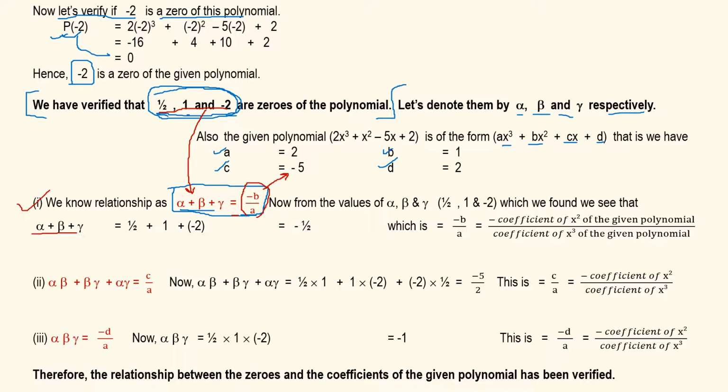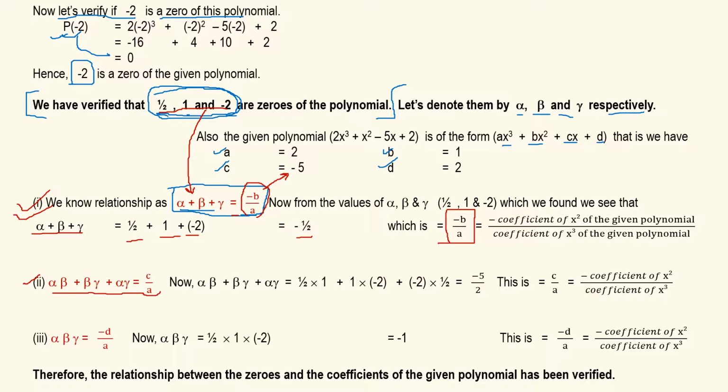We see that alpha plus beta plus gamma is equal to 1/2 plus 1 plus minus 2, which is equal to minus 1/2, which indeed is equal to minus b by a. Therefore, we have verified the first relationship. The second relationship is alpha beta plus beta gamma plus alpha gamma is equal to c by a.